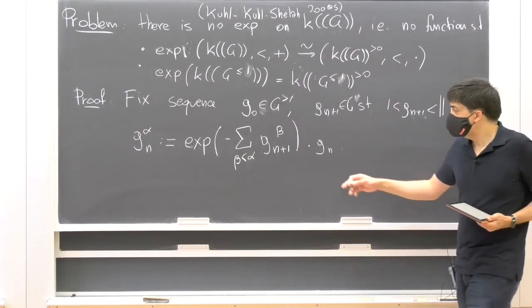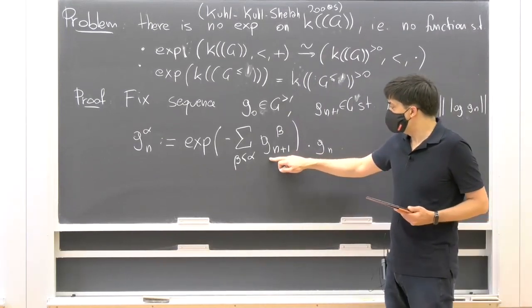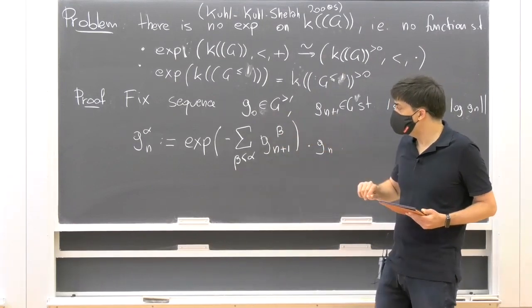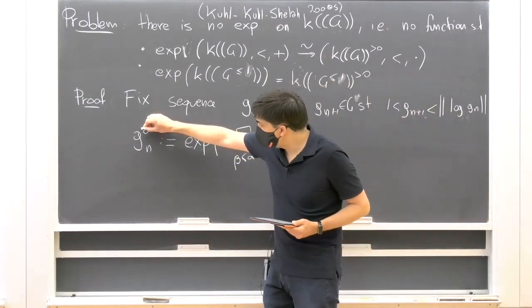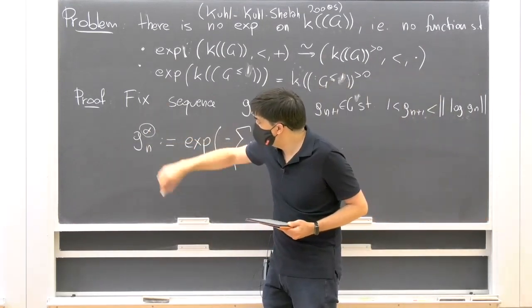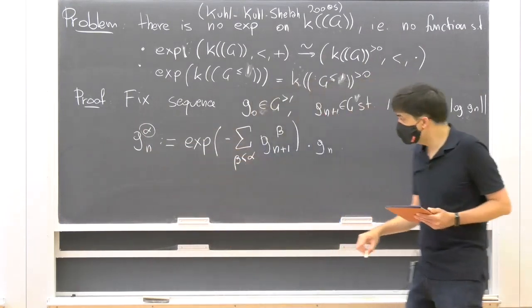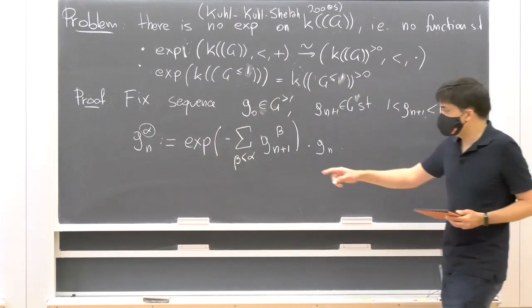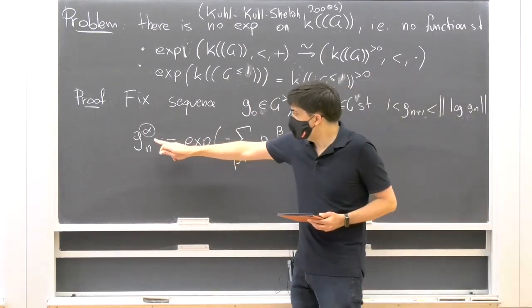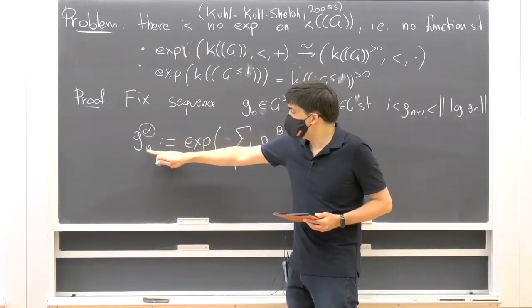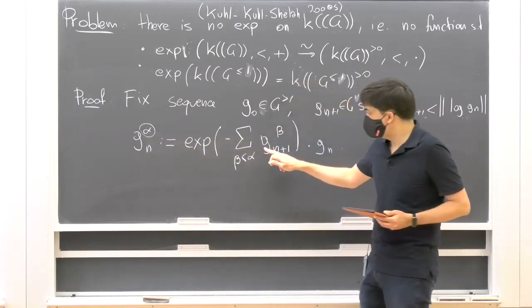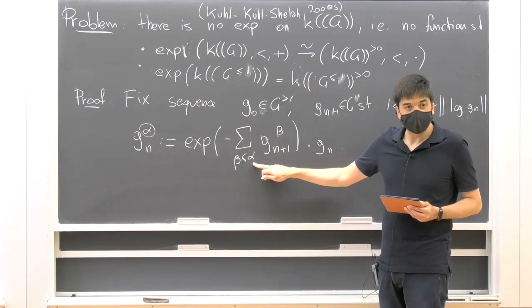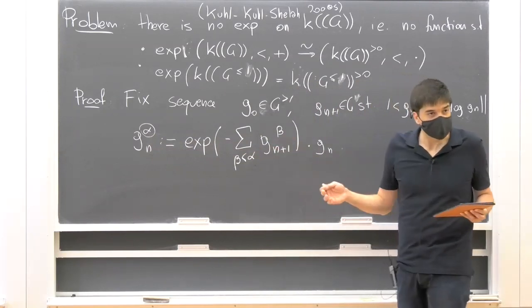So inductively, I start from this sequence here, and then I define another sequence by induction over α. The delicate part is that to define g_n, I'm using the g_{n+1}'s, but only for β less than α. So as an induction, it works.